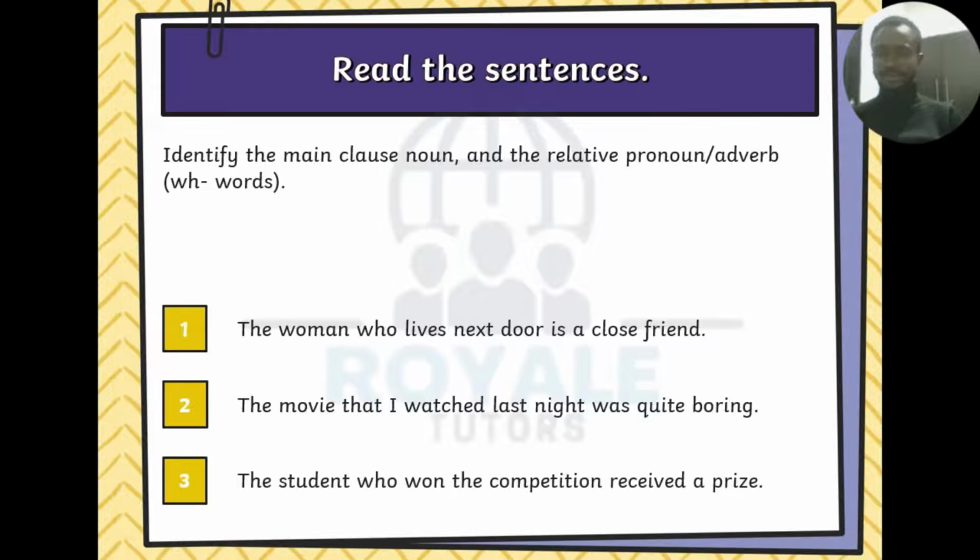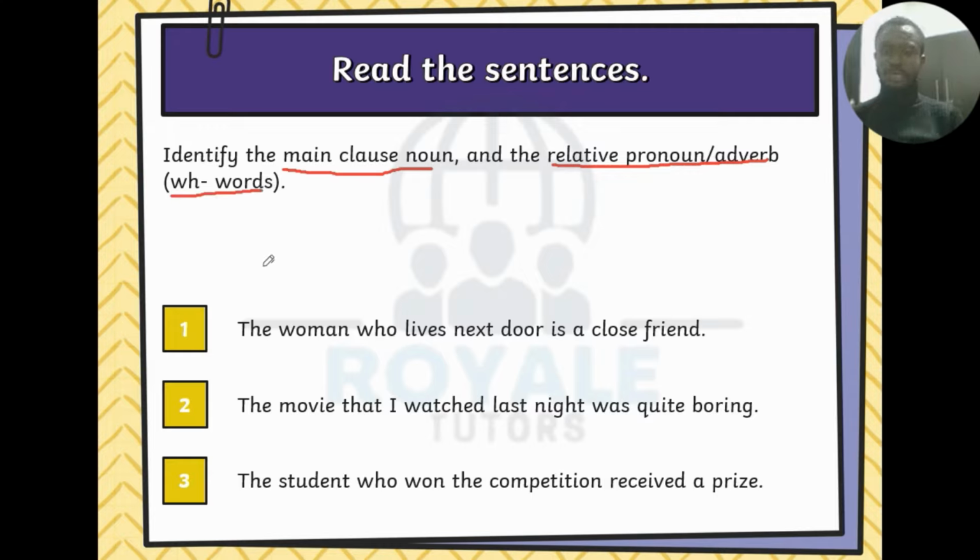This is an example. Identify the main clause noun and the relative pronoun or adverb, which is also known as the WH words. We have to do two things in this activity. Number one, we need to identify the main clause noun, and also we need to identify the relative pronoun or the adverb, which are basically the WH words.